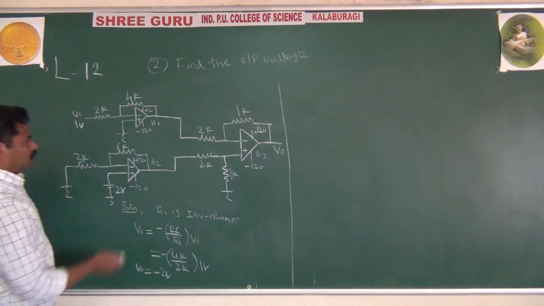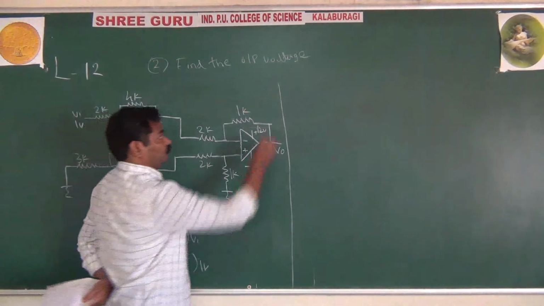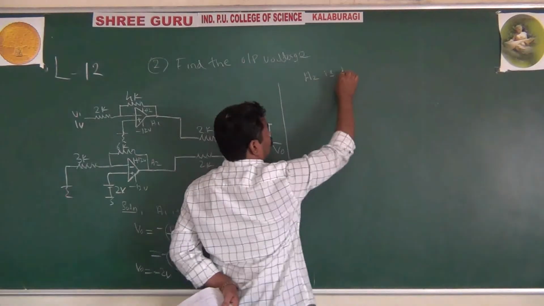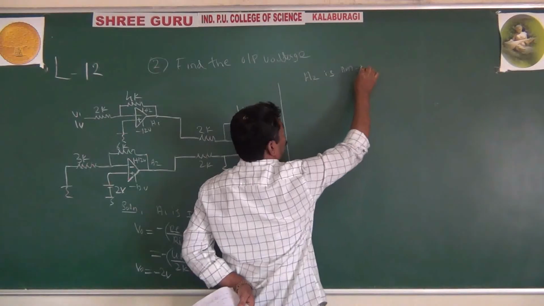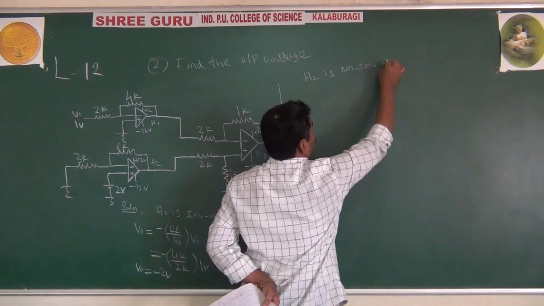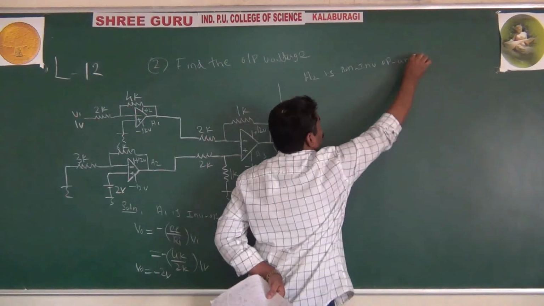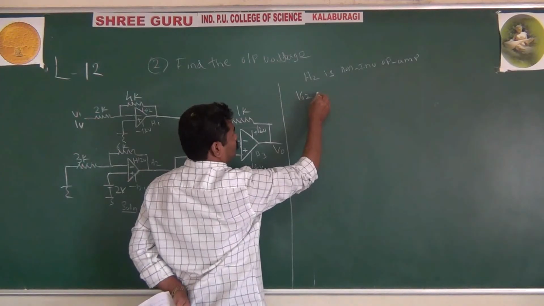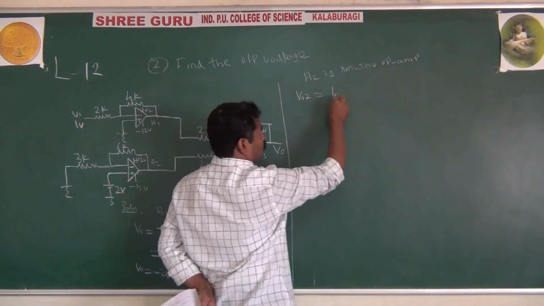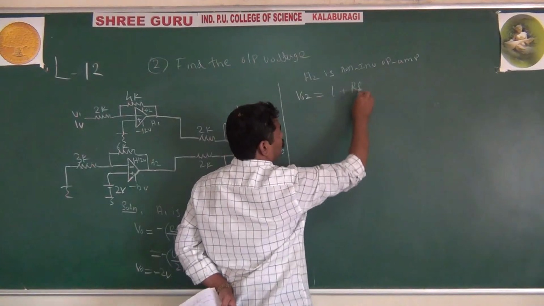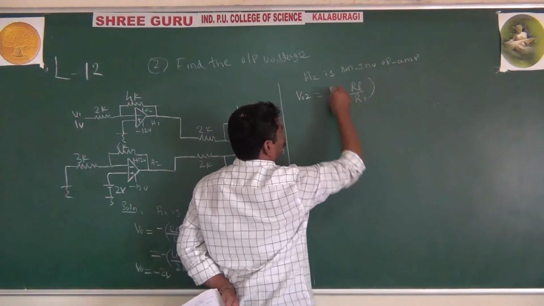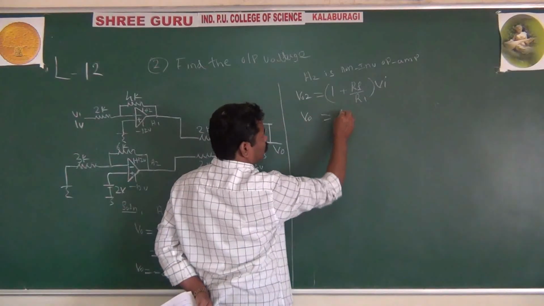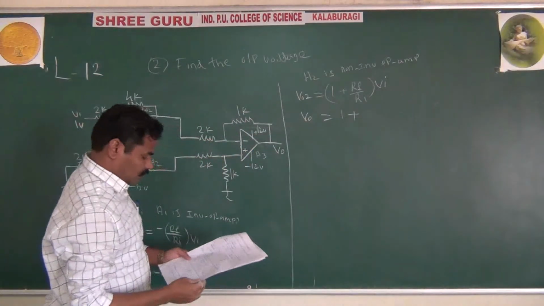Then you go for A2. Your A2 is a non-inverting amplifier. For the second one you can write V02, that is nothing but 1 plus Rf by R1 into Vi, and substitute the values. 1 plus, how much are we applying for Rf?